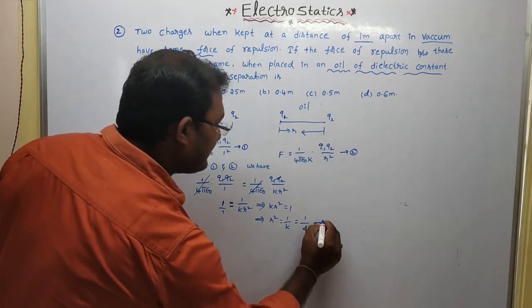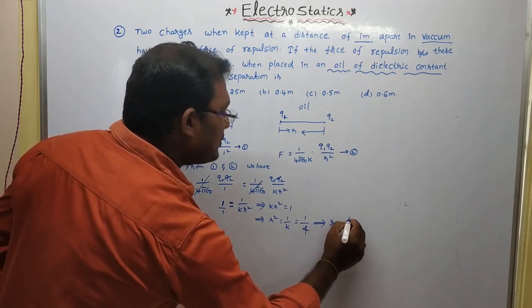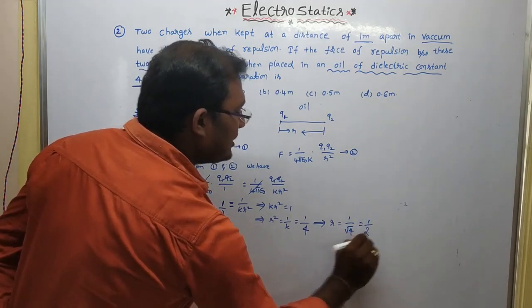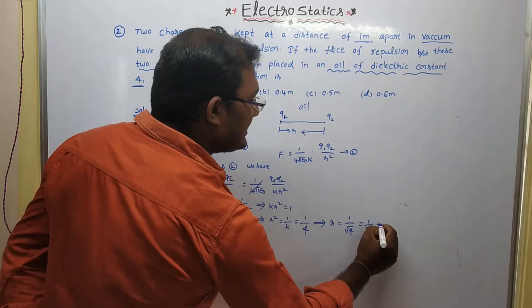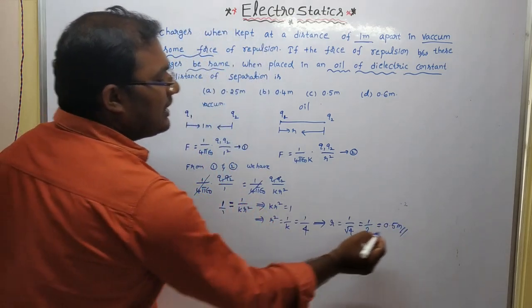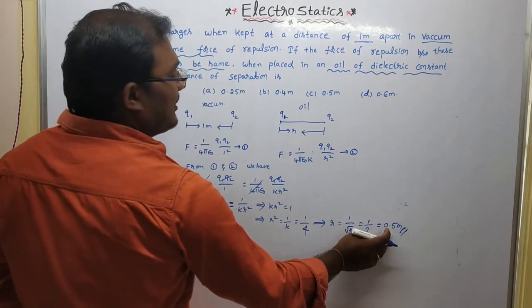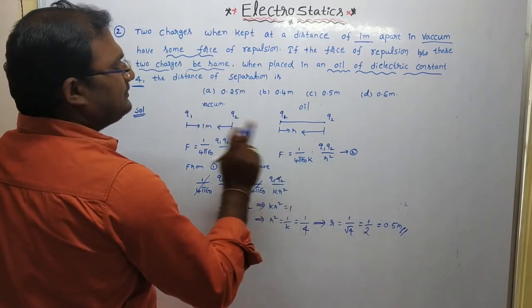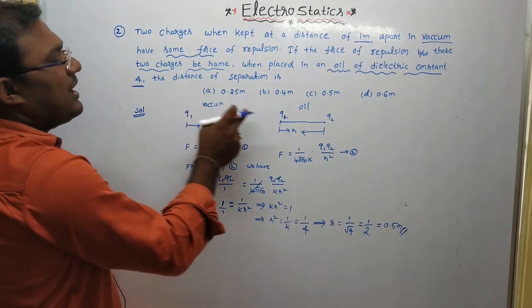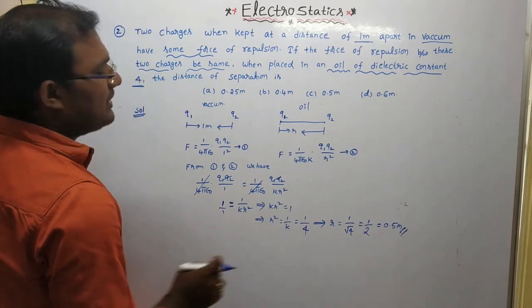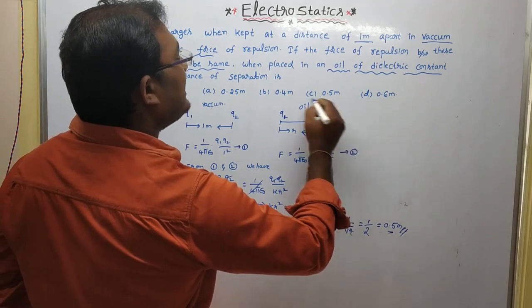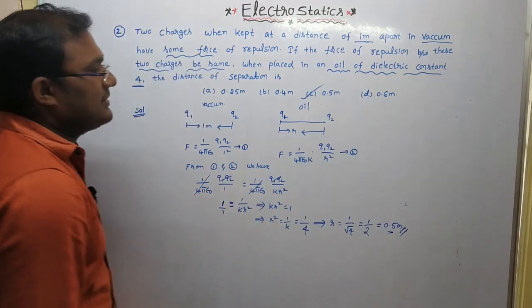That implies r equals 1 by root 4, that equals 1 by 2, which is 0.5 meters. For 0.5 meters in oil, the force between Q1 and Q2 is equal to that in vacuum. Our answer is 0.5 meters. Option C is the correct answer.